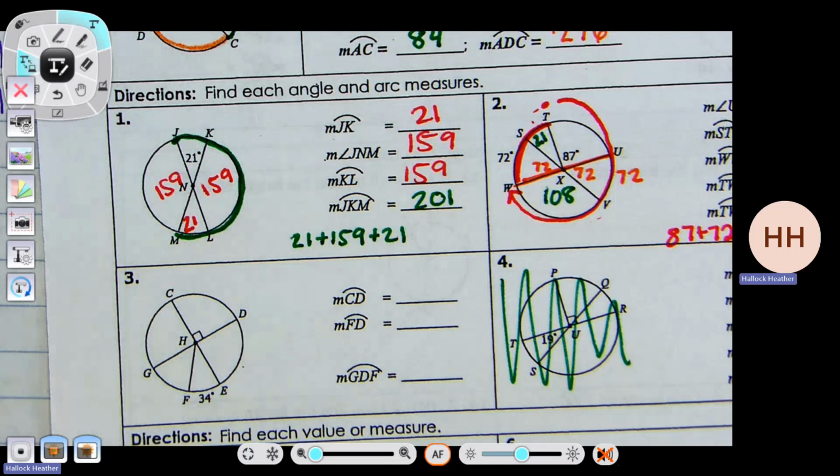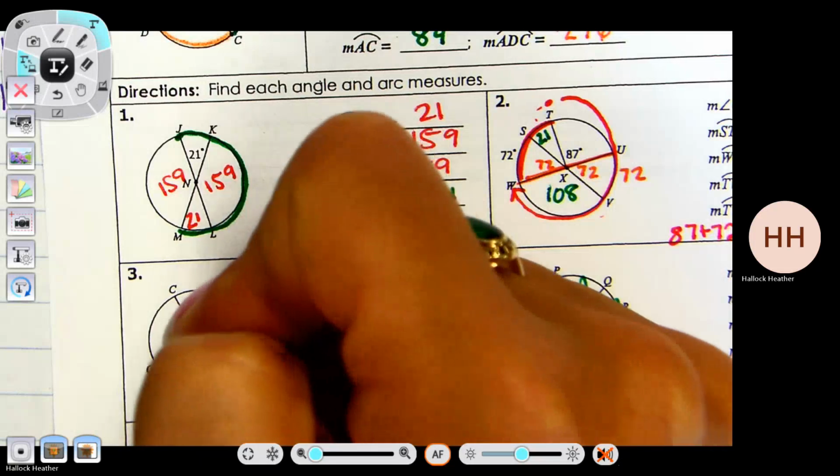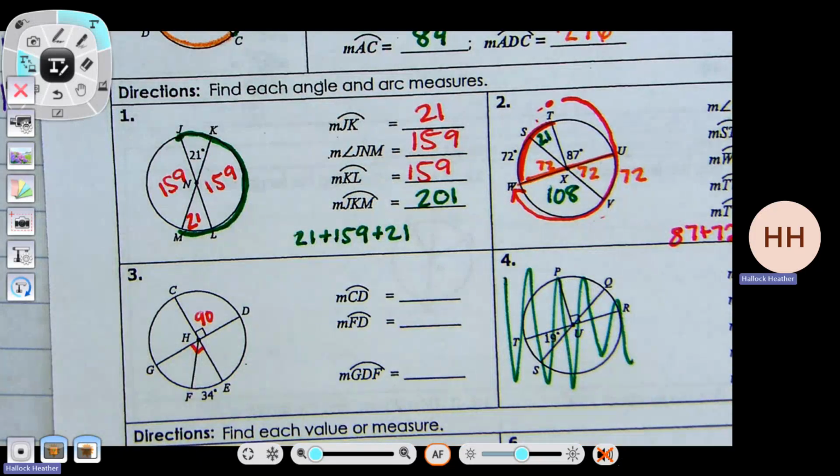Because if this is 90, that's also 90, because it's a vertical angle.